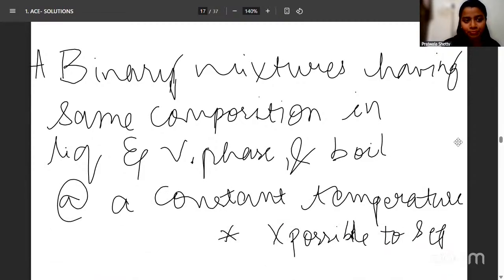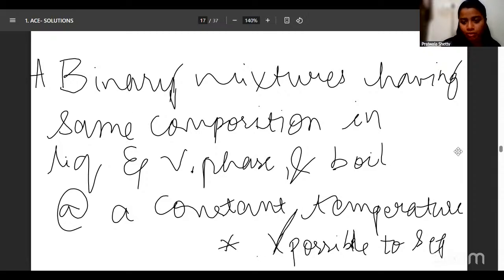Just remember, it is not possible to separate even by fractional distillation. This azeotrope solution is not possible to separate. All right, so again, let me move on. This azeotrope again has two types. One is minimum boiling azeotropes, the other one is maximum boiling azeotropes.